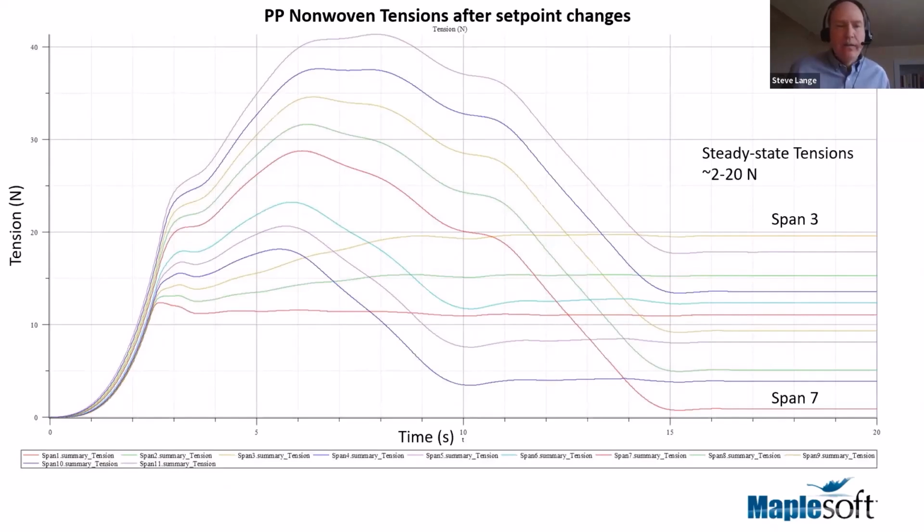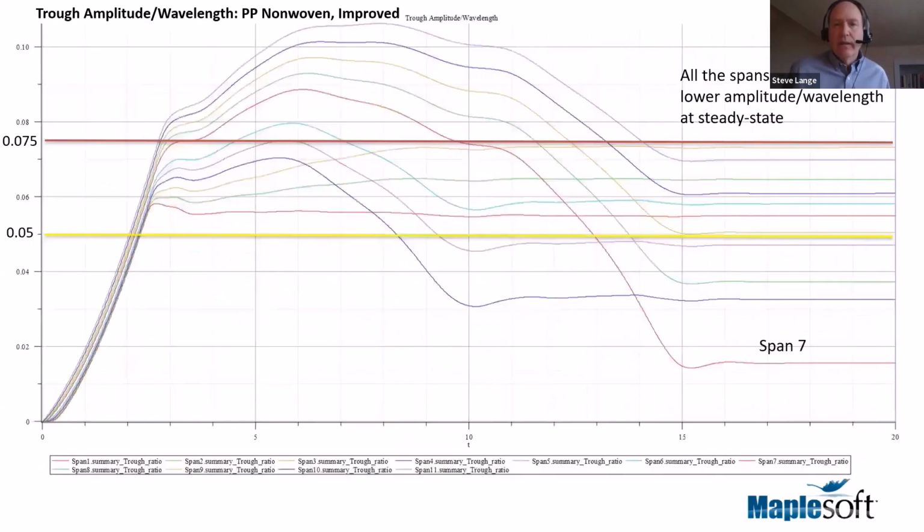Still above 0 in span 7 on the tension. And now all of these spans are below that highest 0.075 amplitude to wavelength ratio. There's still some above 0.05, so we still might have more work to do, but we've certainly made it better for that particular web.